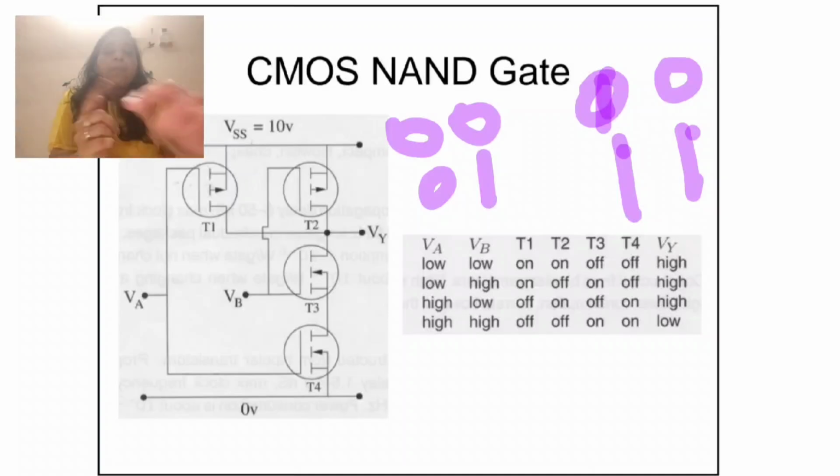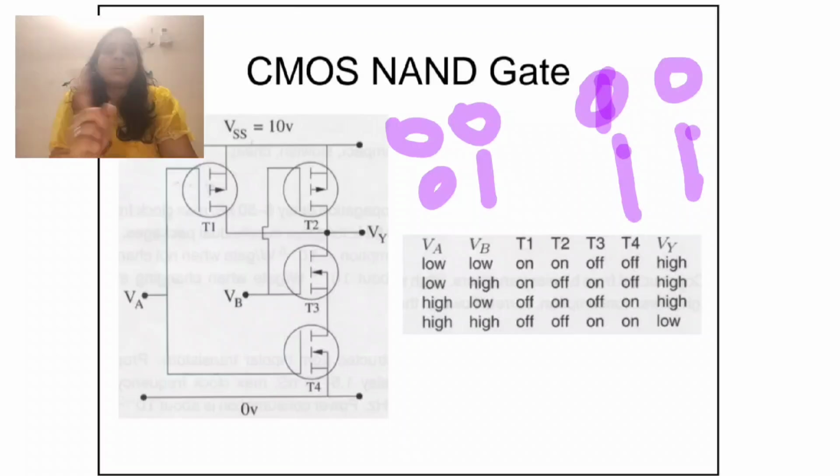Next, if I pass low and high, for voltage A I pass the value 0 and for B I pass the value high, that means 0 and 1. One is off position, another is on position. So terminal 1 is on position and terminal 2 is off position.